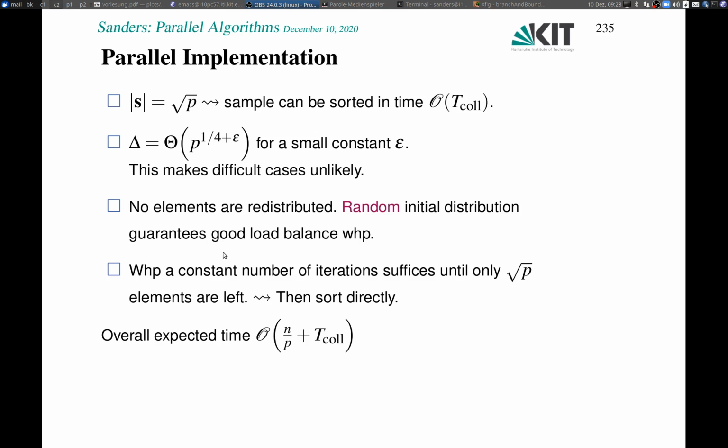And think of why this would still not violate an overall bound of time order n over p plus t collective. And I'm only expecting a qualitative argument here. You don't have to do a formal calculation.